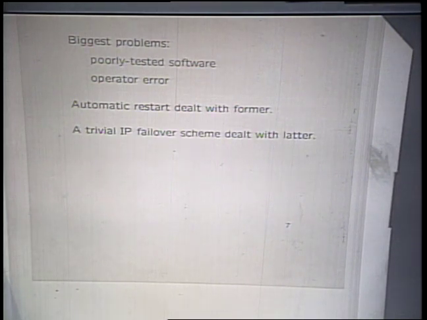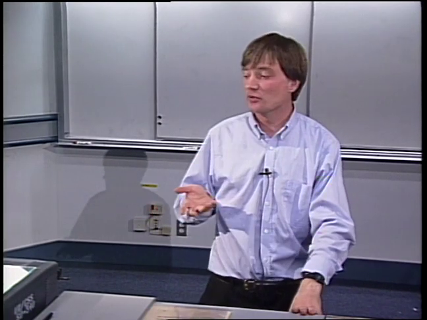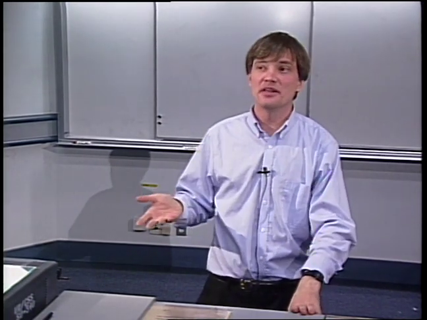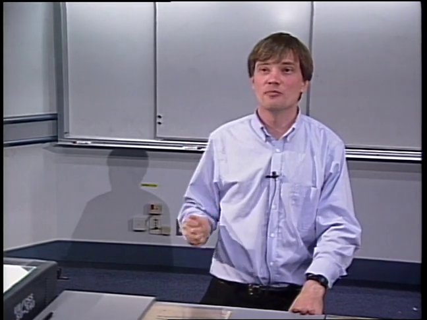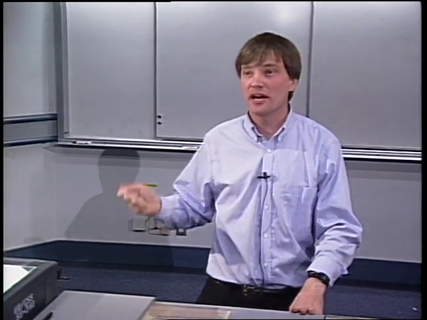Automatic restart mainly dealt with the former, and also beating up the people who changed the software. The IP failover scheme, which I mentioned, deals with the latter. The main problem is that if there's a problem with the front end, the operator is quite likely to take down the wrong machine. But if you have automatic failover and a hot spare is going to take care of it a few seconds later, it's not too big a deal.